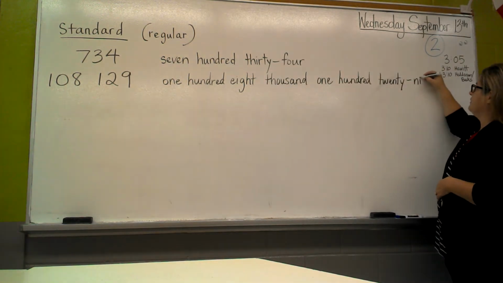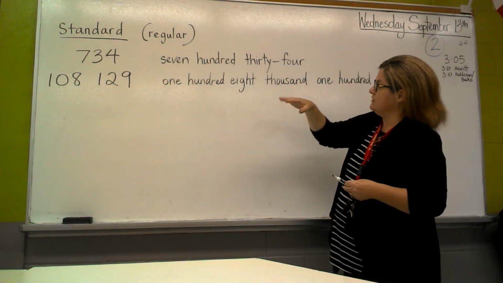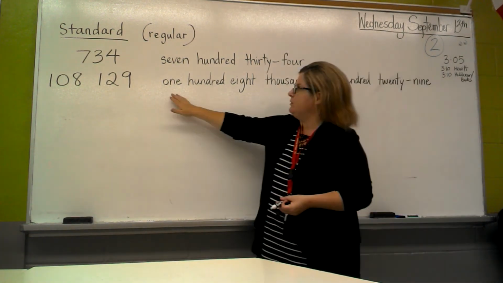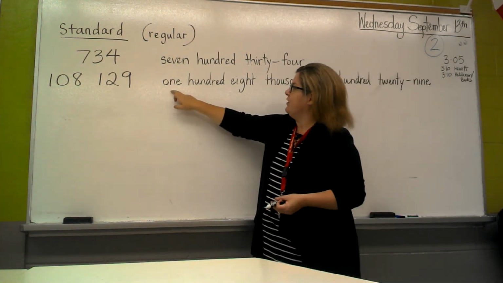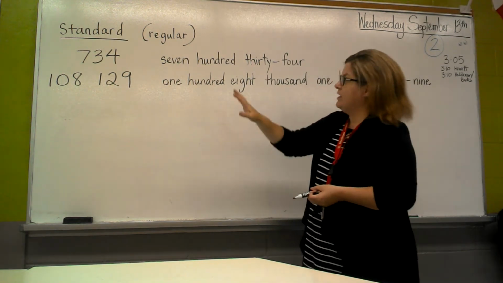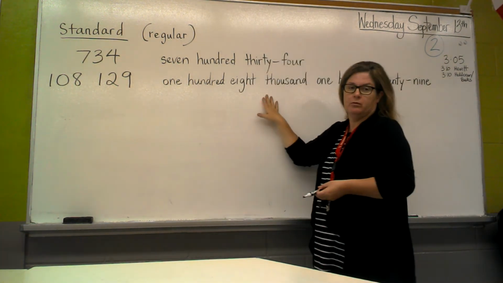Again, the hyphen there to separate and join those two. And also, as well, leaving out the word "and" as we don't have any decimals. It's very common for people to make the mistake and say 108, which is incorrect. So we have both standard form, the regular numbers, and word form represented here.